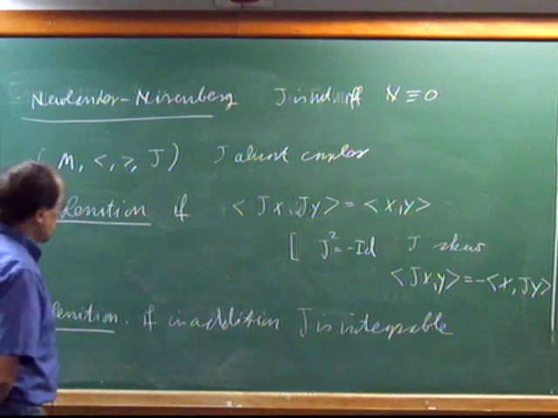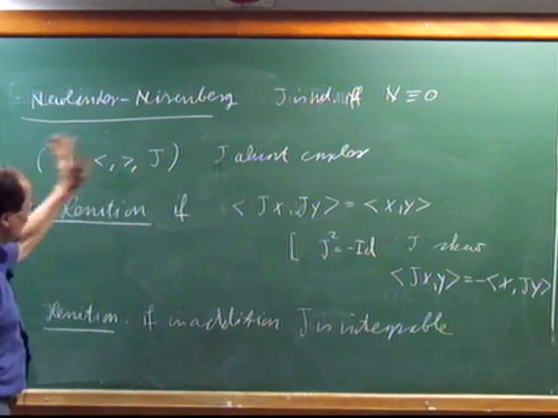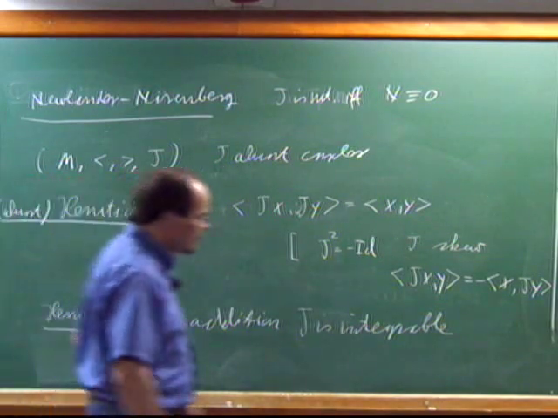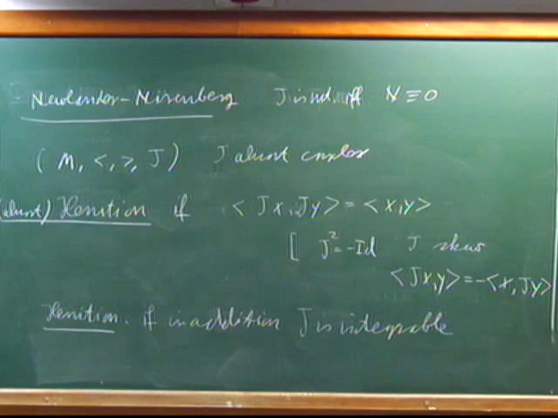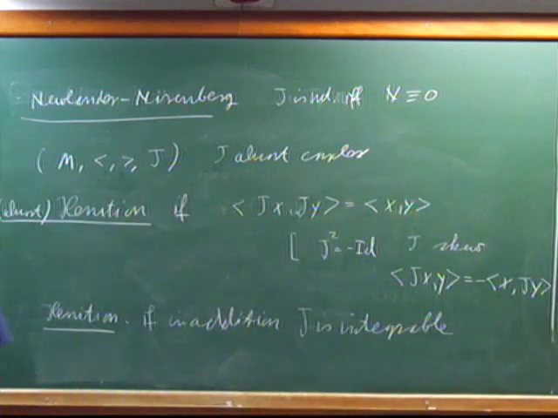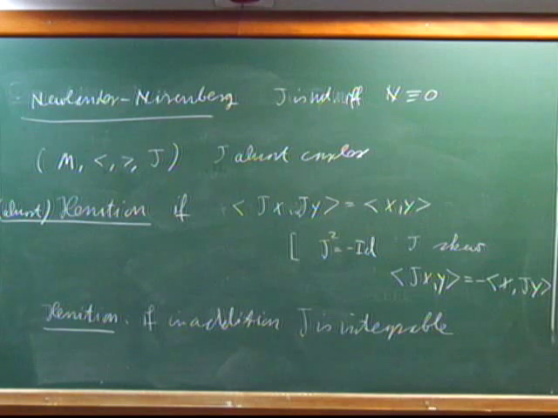Of course, give me any complex structure, I claim I can always find a metric so that it acts by isometries. Is that obvious? Let's find a basis that puts J into some kind of normal form.